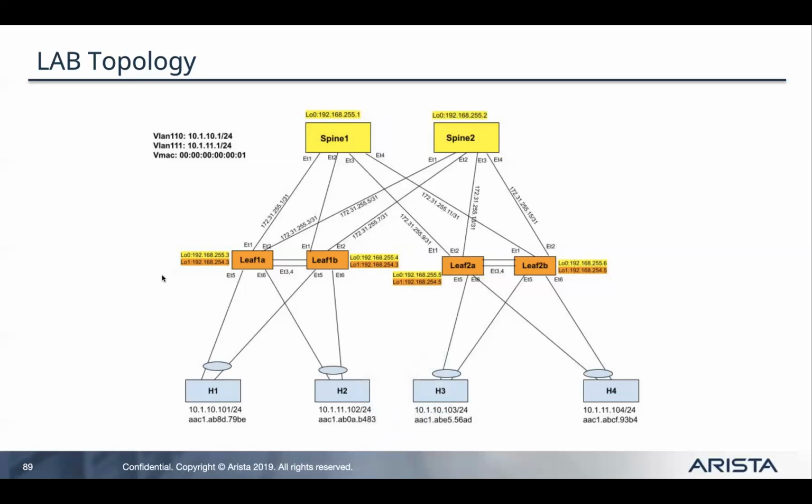They use Loopback 0 to form the EVPN neighborship, and under the VXLAN interface they set the source interface to Loopback 0 instead of Loopback 1.